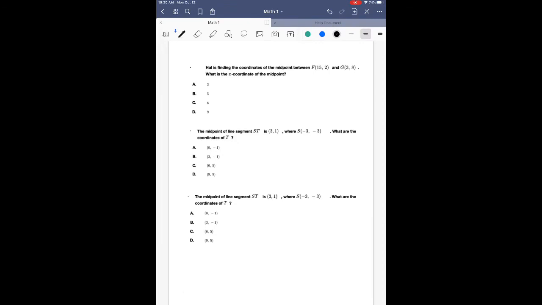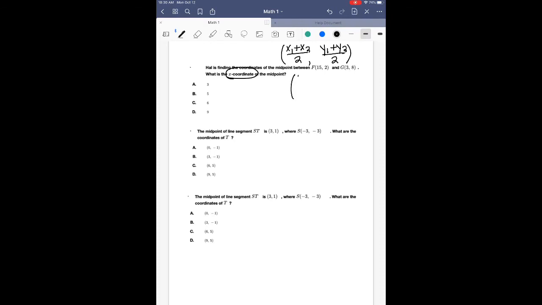All right, it says, find the coordinates of the midpoint. What is just the x coordinate of that midpoint? So we first need to find the midpoint. So I have (15, 2) and (3, 8). So I'm adding up my 15 and 3. To find the midpoint, we're going to add up our x's and divide by 2, and add up our y's and divide by 2.